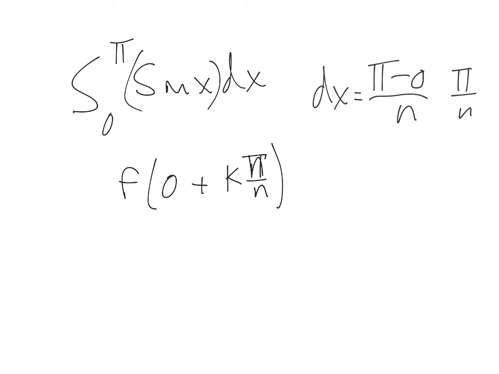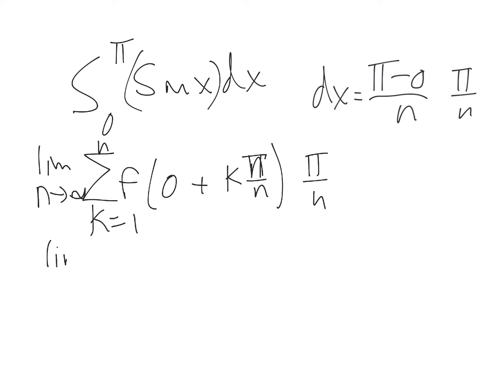There's no plus or minus, and then we write our times our dx, take the summation from k equals 1 to n, and then take the limit as n goes to infinity. The only thing we haven't done is write in what the function is. What's f?